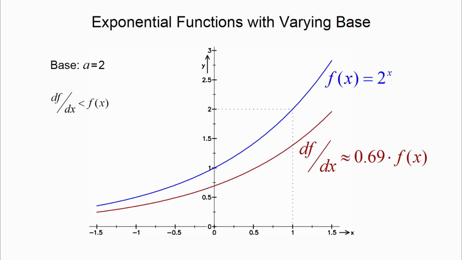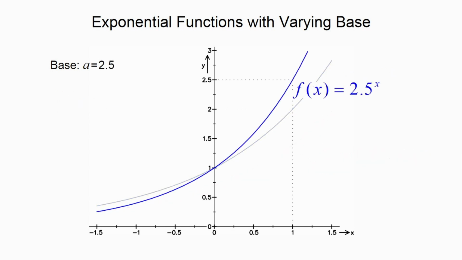For this case, the derivative has shown to be smaller than the function itself by the previously mentioned factor of approximately 0.69. It's reasonable to expect that by increasing the base value, causing the function to become steeper, the derivative will be enlarged.